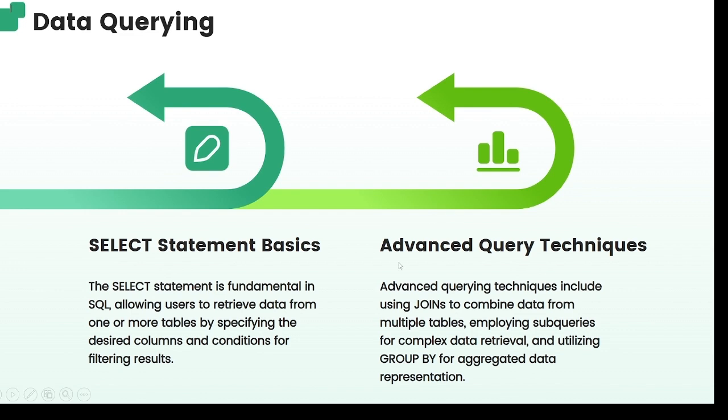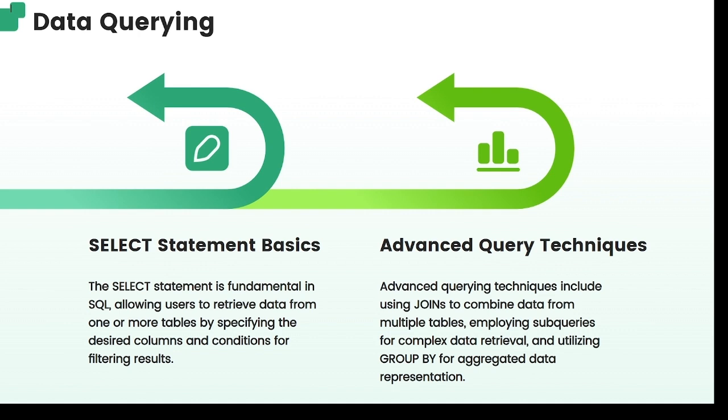For more advanced use, you can group data to get totals or averages. You can use special rules to filter those groups. You can use subqueries, which help you find results based on another query. You can take help of joins, which allow you to pull data from more than one table at the same time.